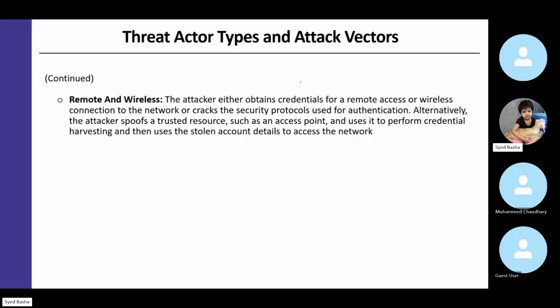Okay, remote and wireless. Sometimes the attackers obtain credentials for remote access or wireless connections. You see many people just open their laptop close to any company or coffee shop for the sake of free Wi-Fi, free internet.